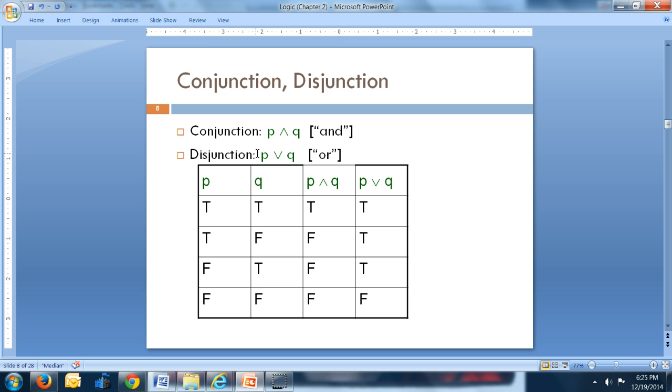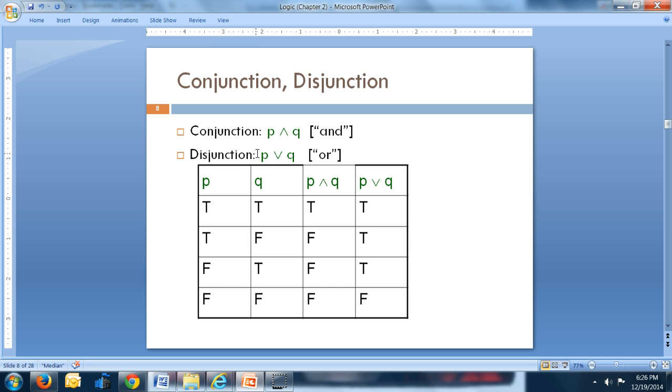I am a good student and I am in VIU, and so on. Disjunction would be an or statement. We say I wanted to go to New York or I wanted to go to Toronto. I am a good student or I am under 5 years old, and so on.